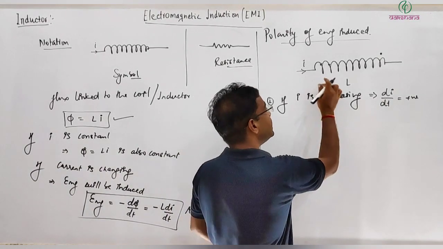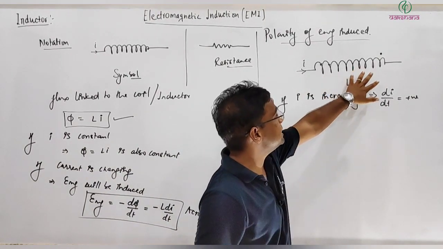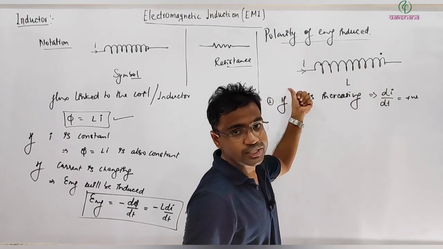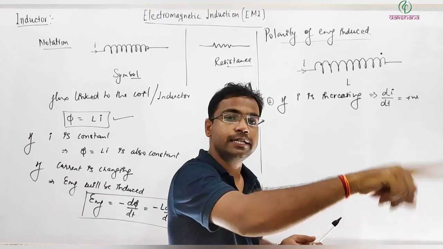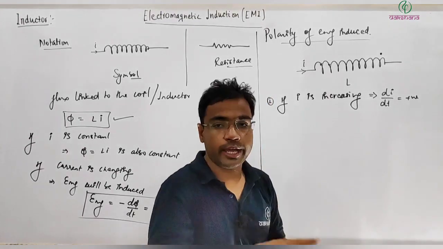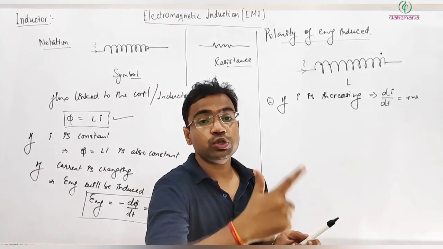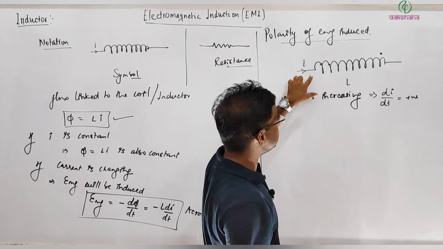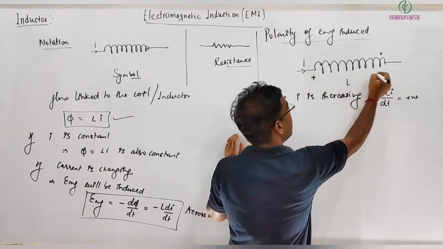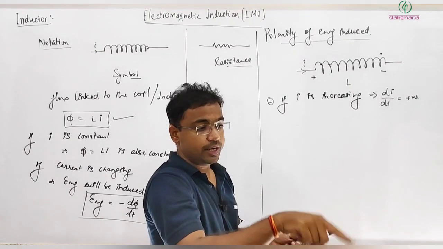So in this situation, north pole will be this way. If this is the way the current is going and north pole is outward, it will try to induce current in the opposite direction. If the current is increasing, it will try to flow current in the opposite direction, whereas earlier it was going this way.